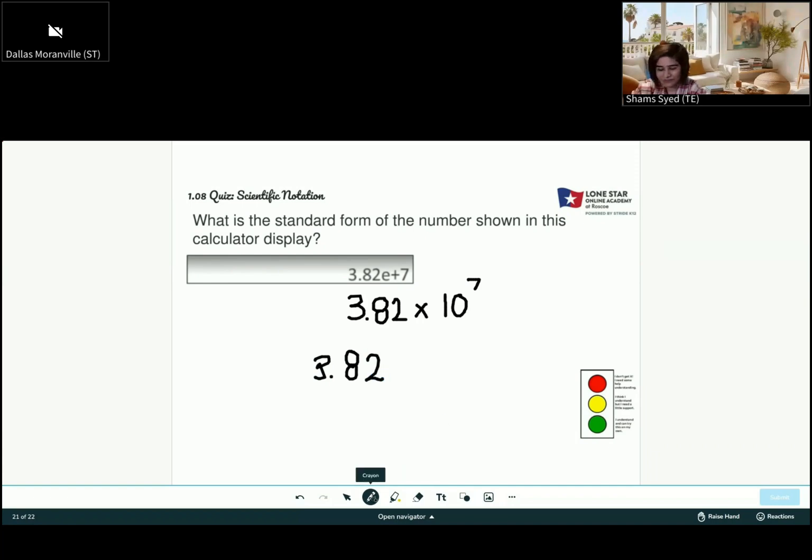Exponent is 7. Elizabeth, very good, dear. This decimal is supposed to move to the right side 7 places and makes the number big. Let's do that. So the decimal moves 1, 2, 3, 4, 5, 6, 7. Here is where the new decimal is going to be.